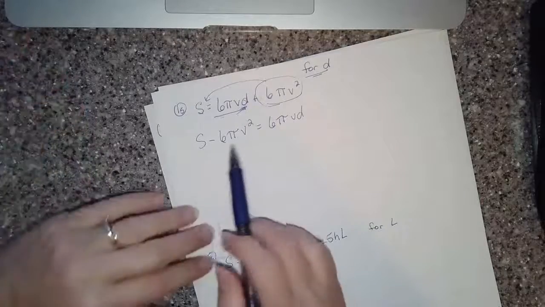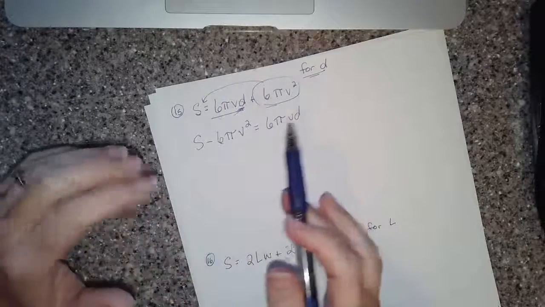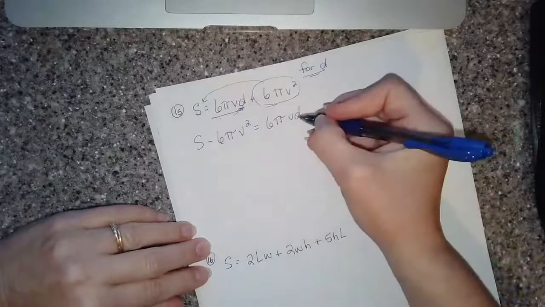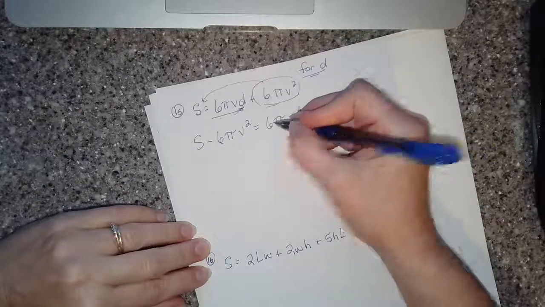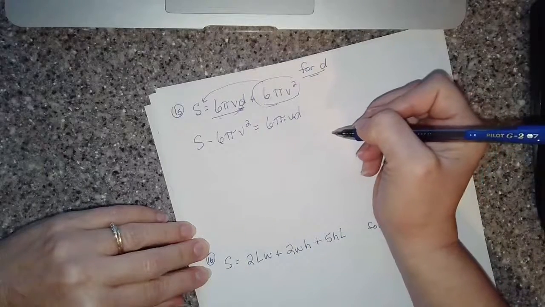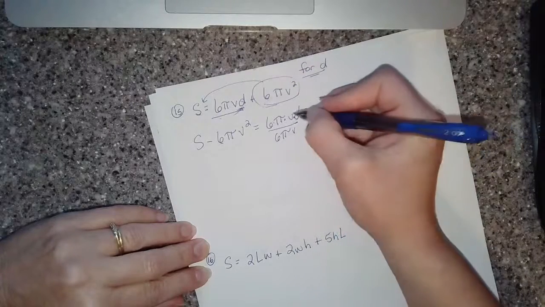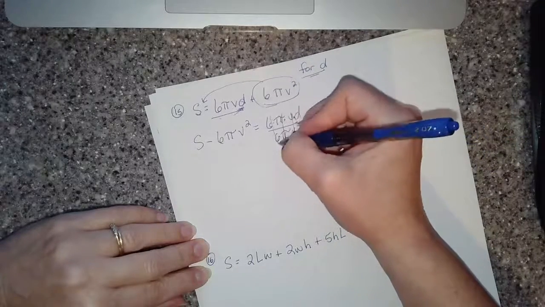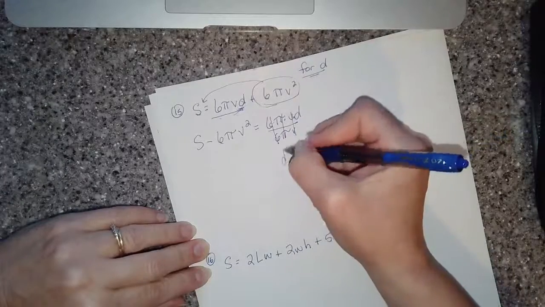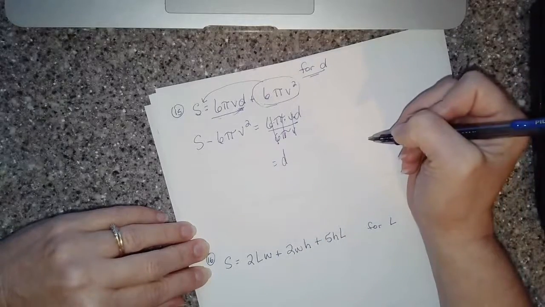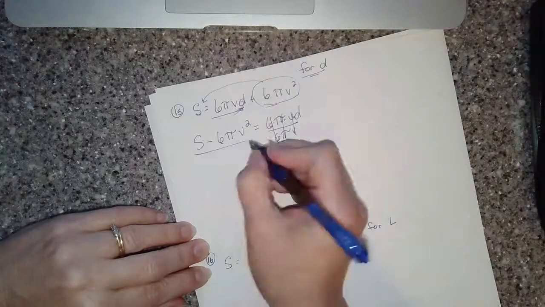Then all of these are multipliers on that d, so the way we take care of that is we divide by each multiplier, divide the v, divide the pi, divide the 6, and then there's that 1d, solved for. Whatever I do to one side, I have to do to the other side. And that's really all we can do to that. That answer is fine as it is.